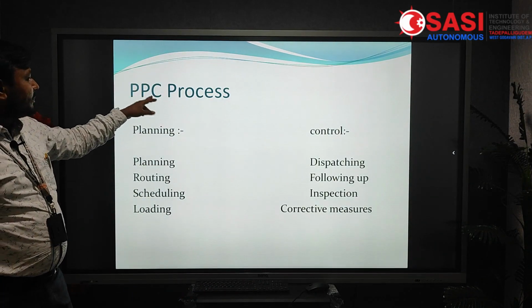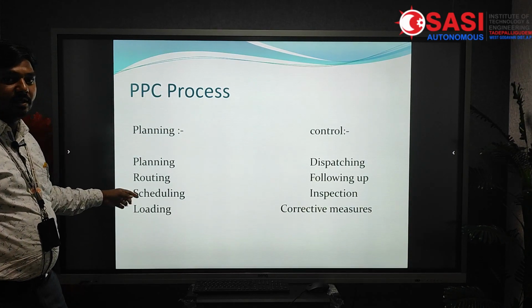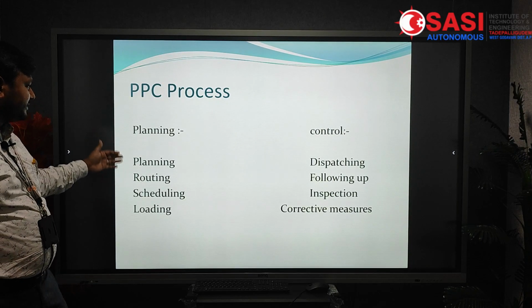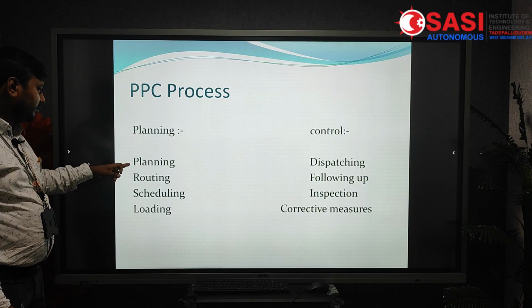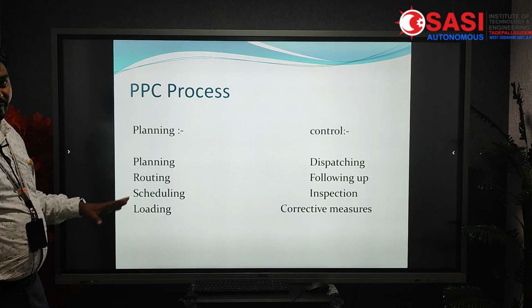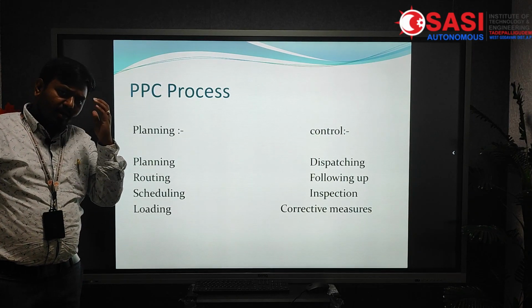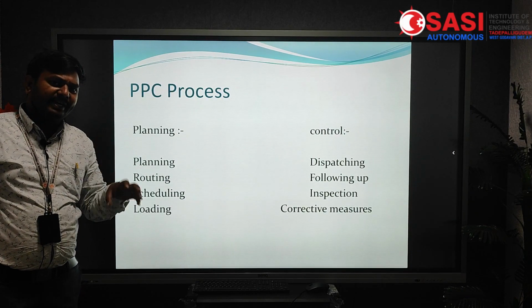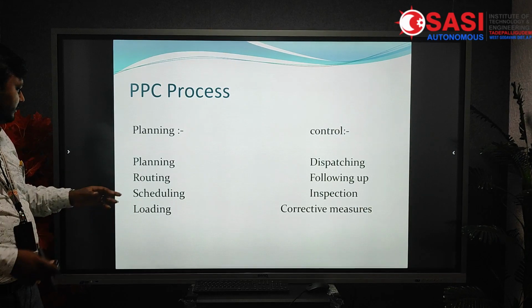Here is the production planning and control process. This is the series of steps which the producer needs to follow under the production planning and control. First, the producer needs to plan the activities: how the work shall be done, when the work shall be done, what kind of work shall be done by the human resource within the organization.